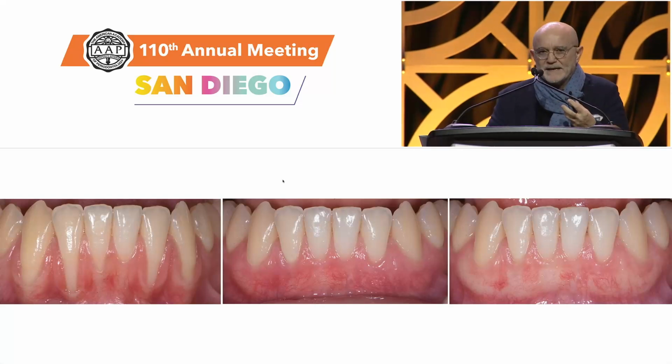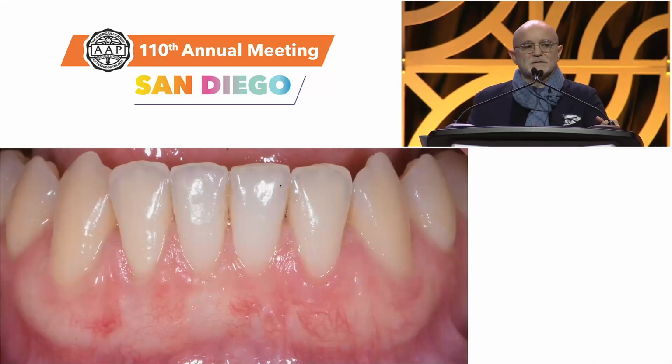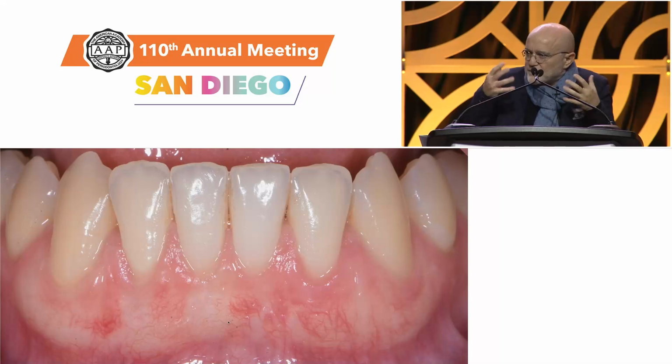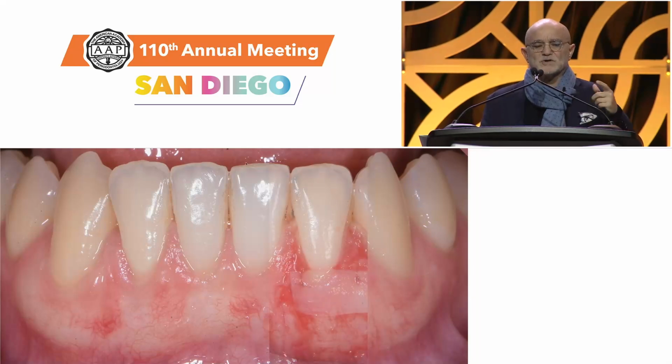But when you pull the lip during the picture, you see the so-called hidden graft. Look at this patient, same patient. Look again, same patient. What do you think the patient liked most? Do you think the patient liked to see this sort of soft tissue tumor? But remember, what was the connective tissue graft I used? And if you don't remember, I will show you.